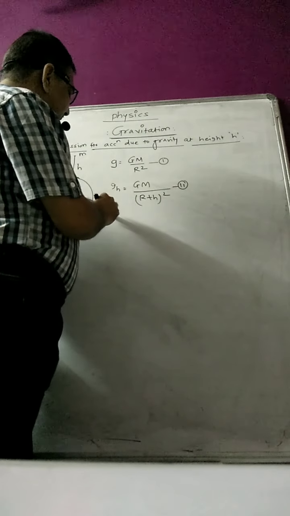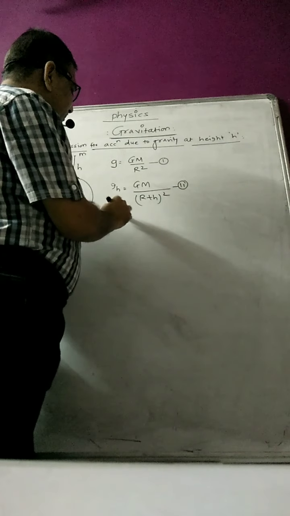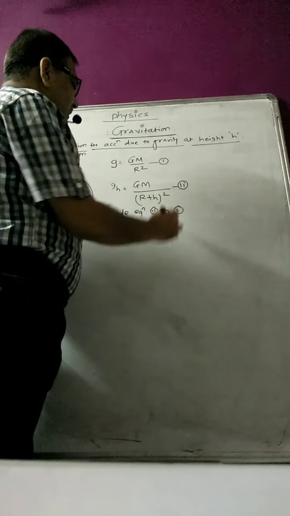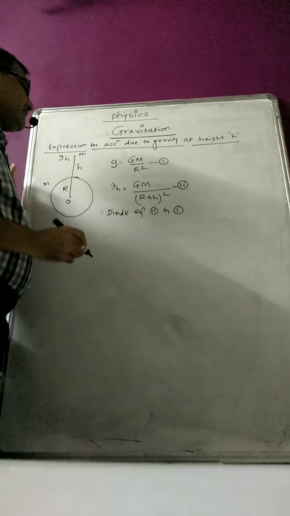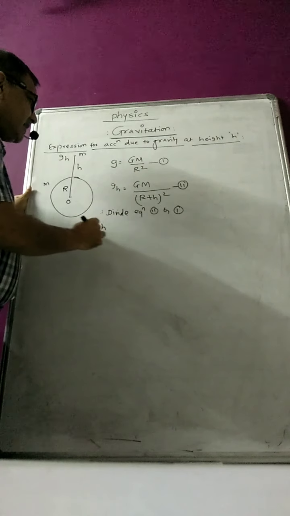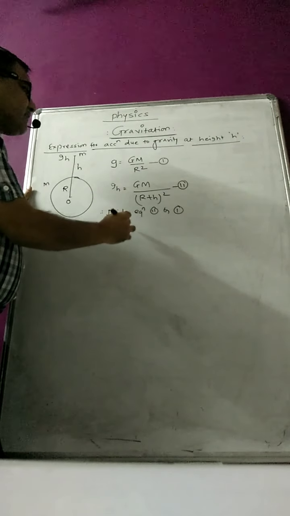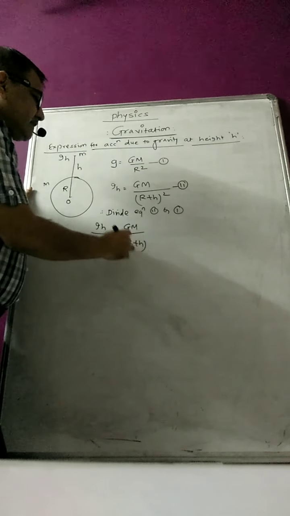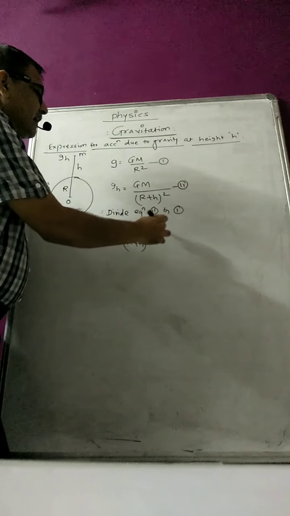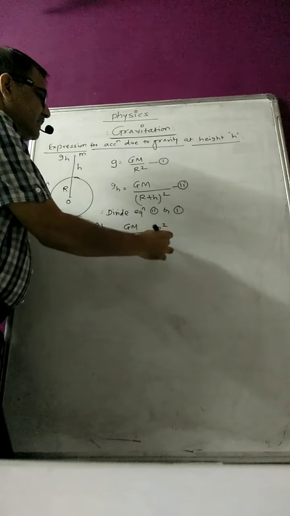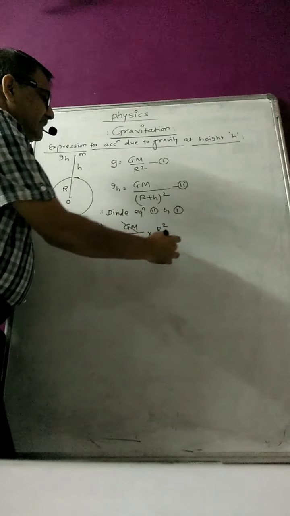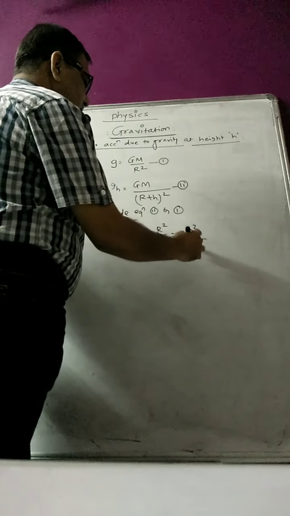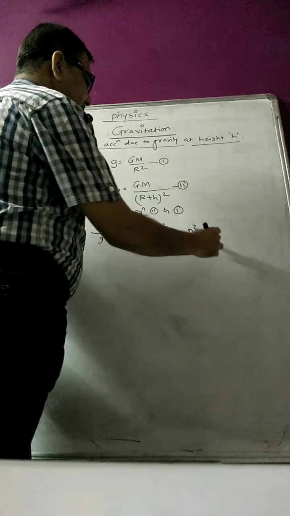Now if I divide equation 2 by 1, then gh upon g is equal to GM upon (r plus h) whole square into r square upon GM. Now if I cancel GM, what remains is r square upon (r plus h) whole square.